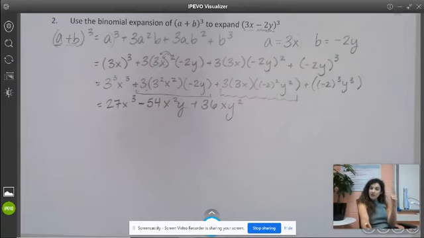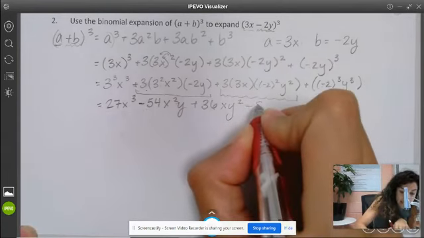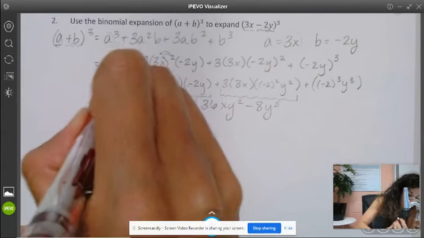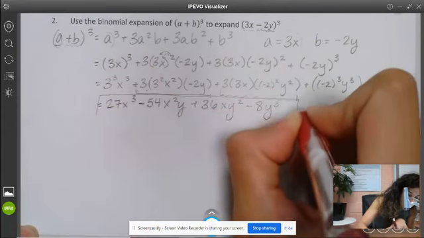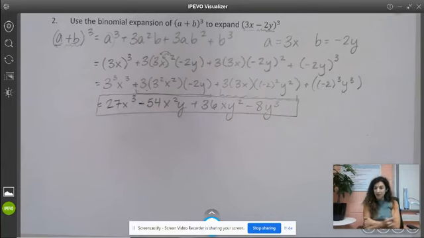Negative 2 cubed, negative 2 times negative 2 is 4 times negative 2 is negative 8. So that's going to be minus 8y cubed. And that is your expansion.